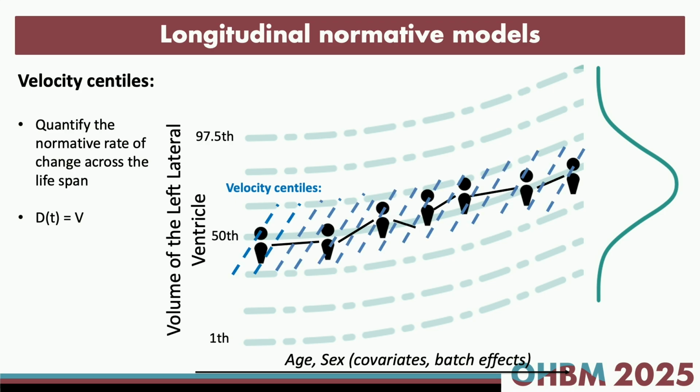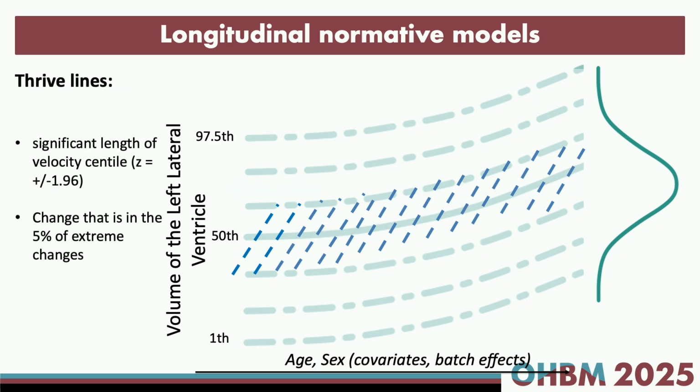Once you've done that, you can create a new chart, a velocity centile chart. And once you've done that, we can go back to our clinical subject. And we can actually go one step further. We can calculate so-called thrive lines. A thrive line is basically the cutoff point of a velocity centile that marks the amount of change that makes the change significantly different.